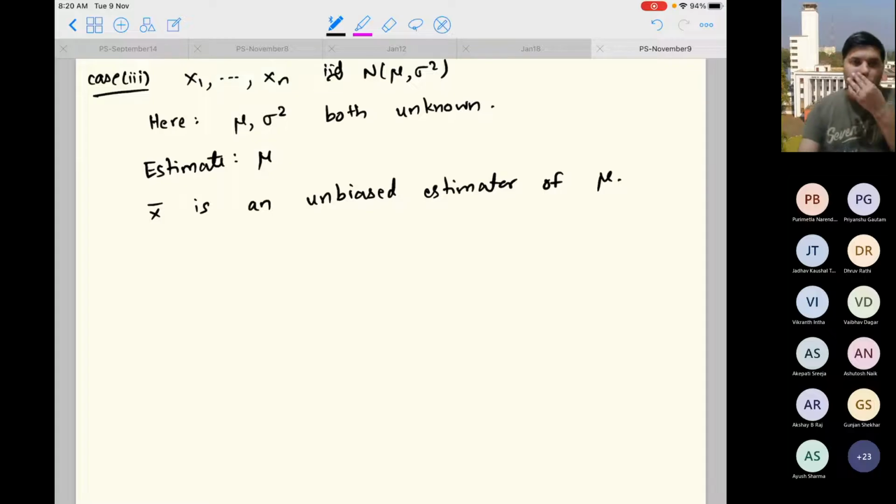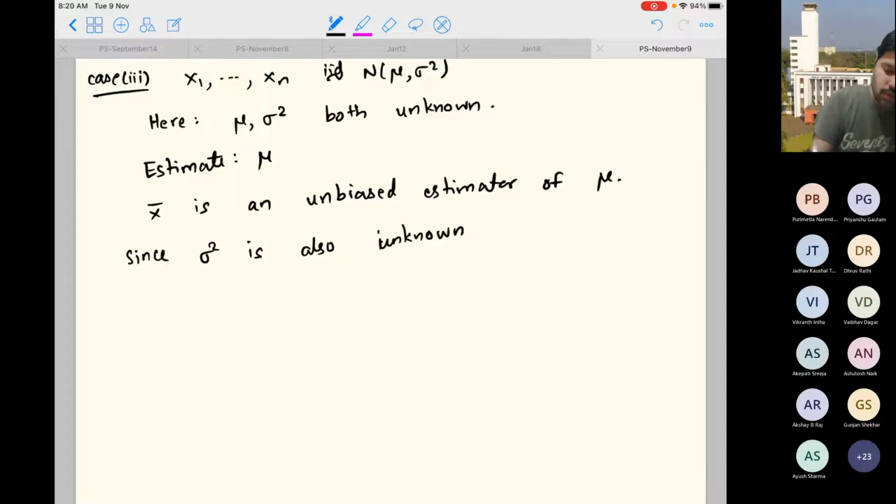Okay. So x bar is an unbiased estimator of mu. And what do we want to do? We want to understand certain distributional properties of x bar, right? So since sigma is also unknown, consider the random variable x bar minus mu divided by s by root n.